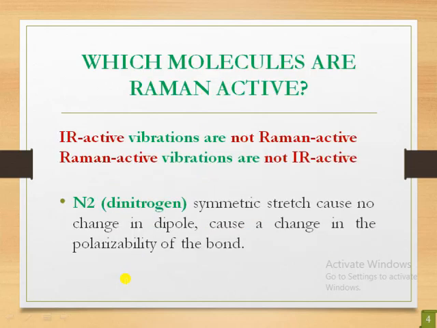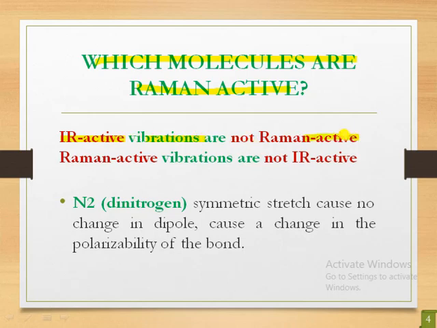Now we will see which molecules are Raman active. Now I have a question: which molecules are Raman active? So here is the answer. IR active vibrations are not Raman active.